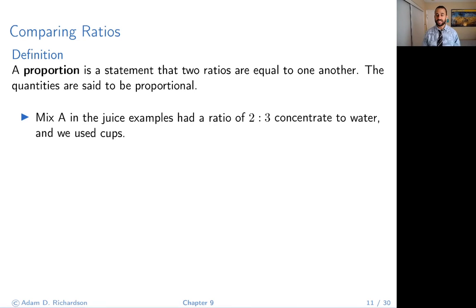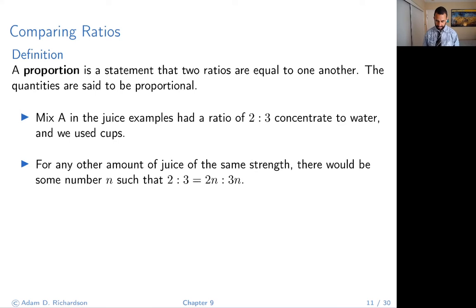So mix A in the juice examples had a ratio of 2:3 concentrate to water, and we used cups. Now, for any other amount of juice of the same strength, like if we wanted to scale up the recipe or scale it down, then there's going to be some number n where we multiply 2 and 3 by that number, and the ratio will remain the same. We're just creating a proportion at that point, right?